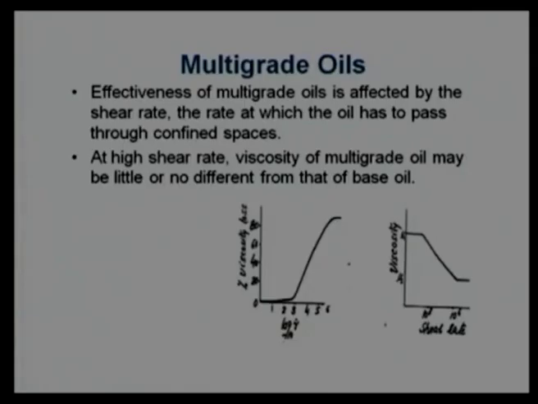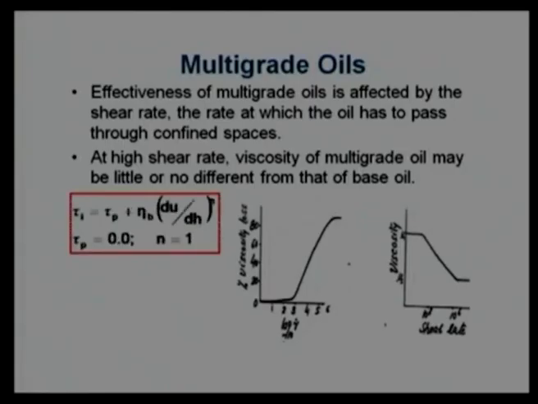It is not a straight line as is shown over here. There will be some loss, but after that there is a sudden transition, and once this transition is over, it again reaches the viscosity of mineral oil from which the multigrade oil was obtained, the main constituent of the multigrade oil.